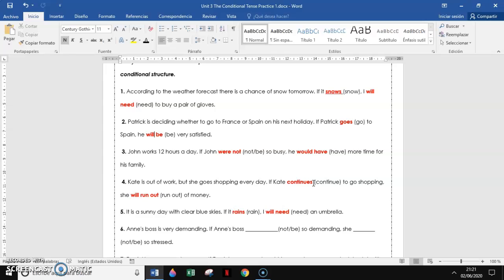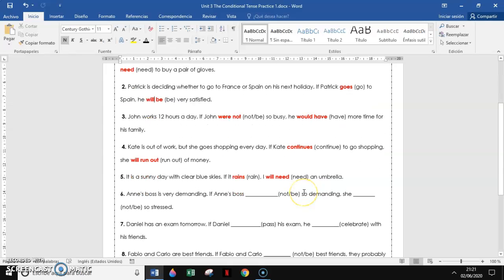Kate is out of work, but she goes shopping every day. If Kate continues going shopping, she will run out of money, right? This is a real situation. This is probable to happen because she is out of work. She shouldn't go shopping, right?